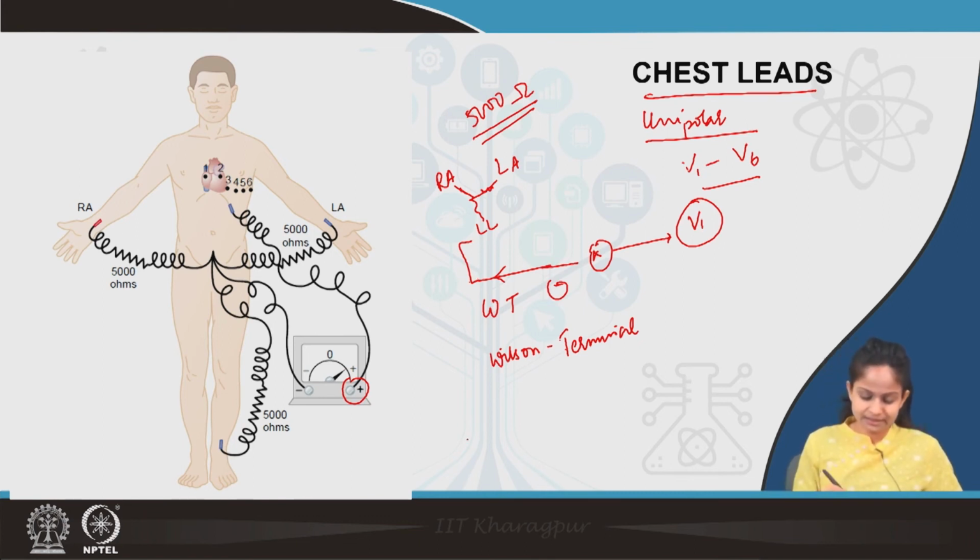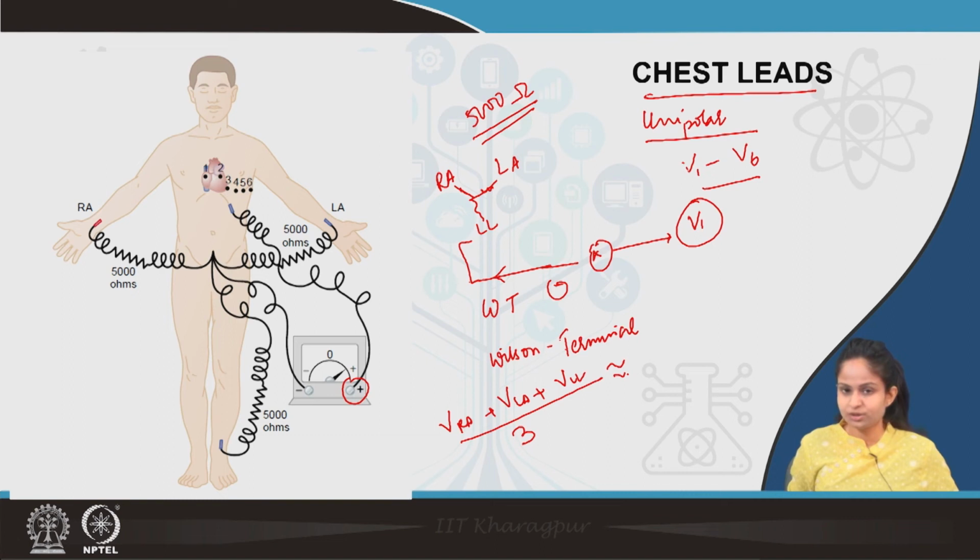Mathematically, the voltage of right arm plus voltage of left arm plus voltage of left leg, divided by 3, gives the voltage of this negative terminal, which is considered to be equivalent or close to 0. In this way we get the chest leads recording. If we want to measure V1, we will connect the positive terminal to V1. If we want to measure the electrical activity of V2, we will connect it to V2. In this way the positive electrode is connected to V3, V4, V5, V6.